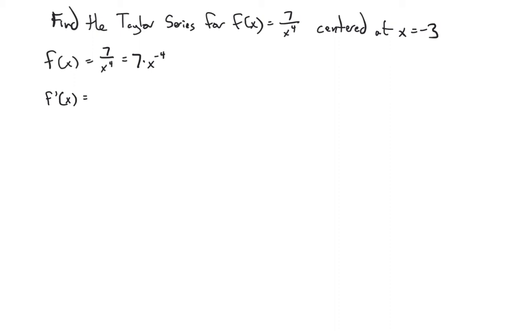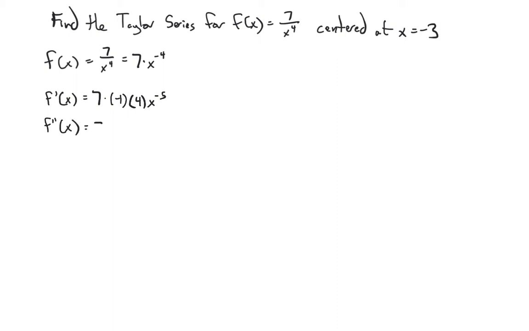So I'm just going to use the power rule here. So we're going to get 7 times, I'm going to write this as negative 4, but I'm going to write the negative 4 as negative 1 times 4, times x to the minus 5. Okay. And then I'm going to write the second derivative.